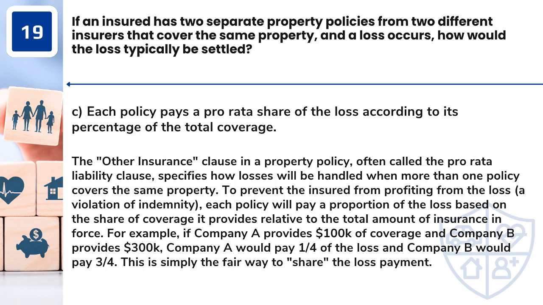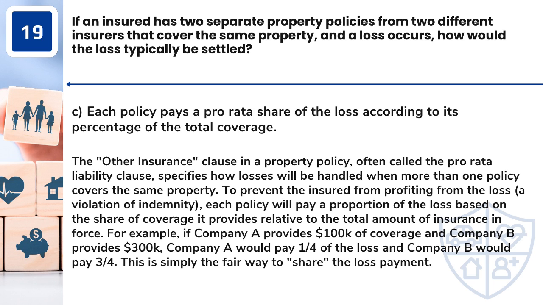Answer: C. Each policy pays a pro rata share of the loss according to its percentage of the total coverage. The other insurance clause in a property policy, often called the pro rata liability clause, specifies how losses will be handled when more than one policy covers the same property.